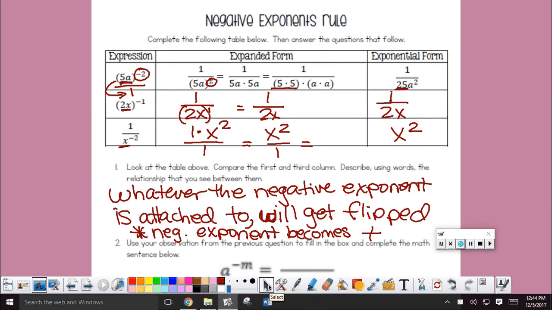The first thing that happens is flipping the base, either into the denominator if it's in the numerator, or into the numerator if it's in the denominator, which we saw both examples of, and then that makes the negative exponent become positive. So in this case, number 2, a to the negative m is going to become what?